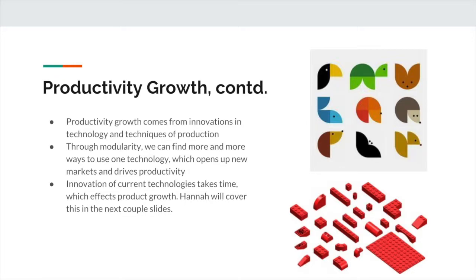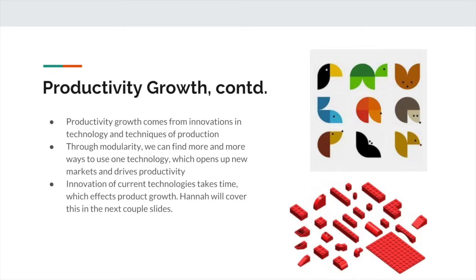And that's the same thing with the Lego example below that picture, where you have all the pieces, but you can kind of manipulate it in ways you want to serve a different purpose, whatever that may be with technology. But innovation of current technologies takes time, which affects product growth. So Hannah will cover that in the next couple slides.